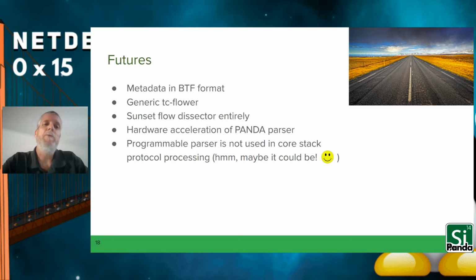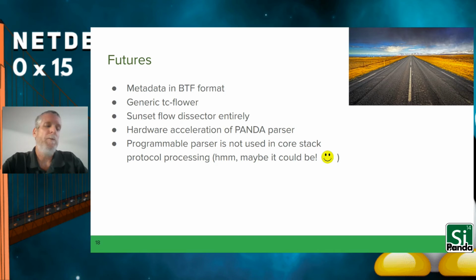The plan is we will take a Panda Parser program, compile it, and load the program into the kernel, like in the kernel module, but also have the Panda Parser compiler produce a specification file that associates human readable names with new fields or fields in the Panda Parser.